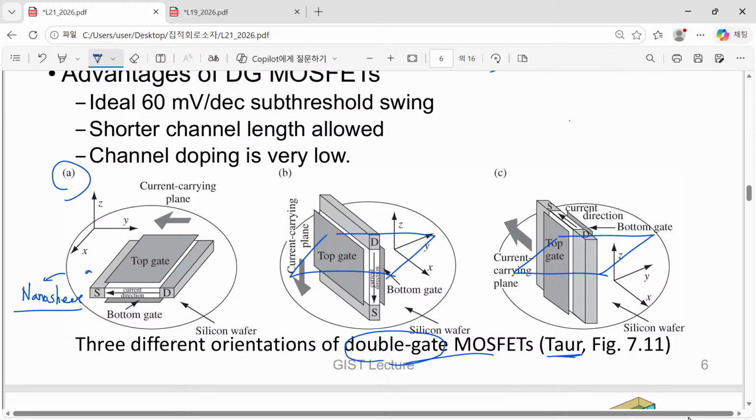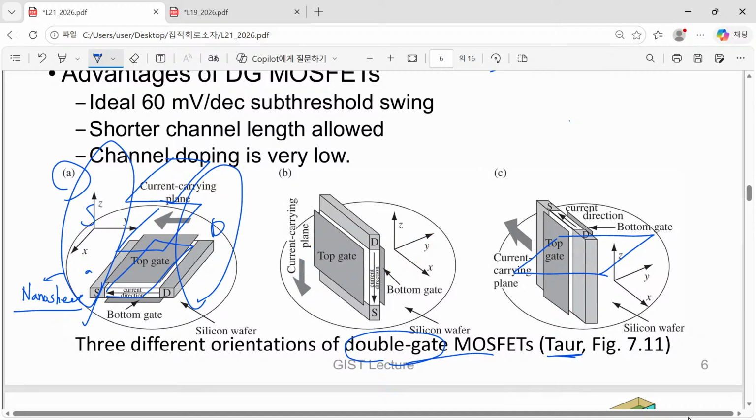So simply speaking, here we have one sheet, and on top of it we have another sheet and the third one, and we place, for example, source here and drain here. This is the form of state-of-the-art logic device.